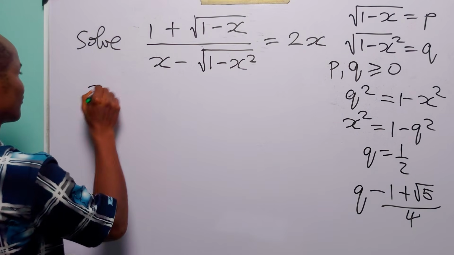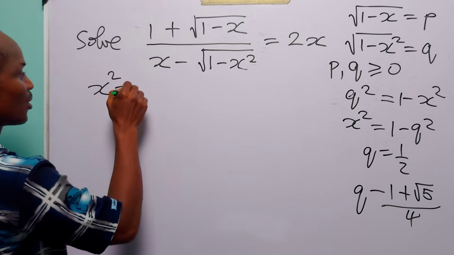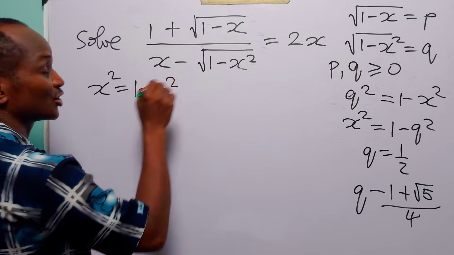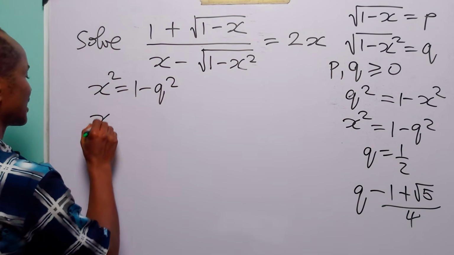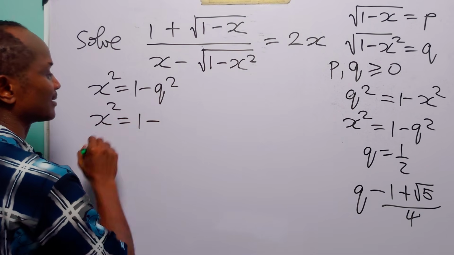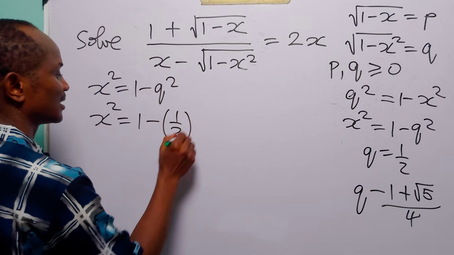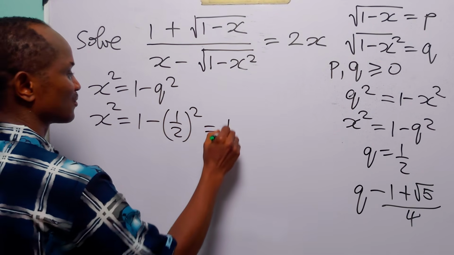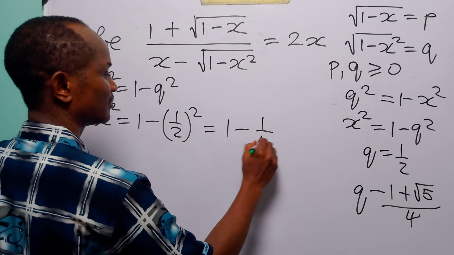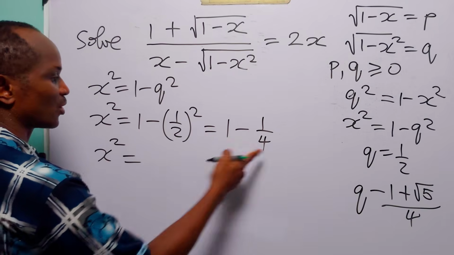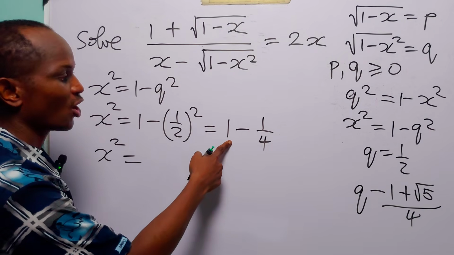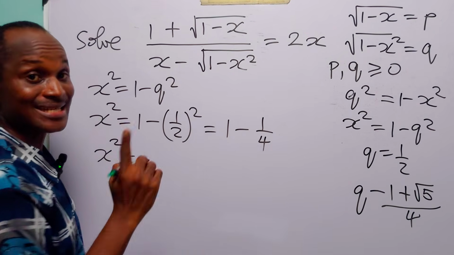We have that x squared is equal to 1 minus q squared. When q is half, we have that x squared is equal to 1 minus half squared. This is equal to 1 minus 1 over 4. X squared is equal to 4 times 1 is 4. 4 minus 1 is 3.